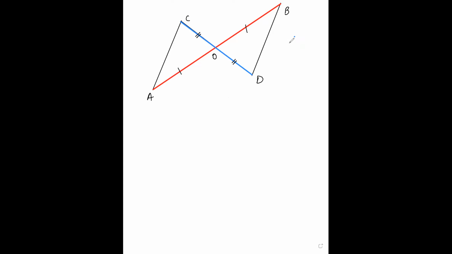So let's say if somewhere over here this one also had 2 dashes, then that would mean that this is also equal to the other 2. Are you understanding what it means when we have 1 dash or 2 dashes? When we have 1 dash, whatever has 1 dash, they're all equal to each other. Whatever has 2 dashes, they are equal. So let's say I give you a triangle like this and another one like this.